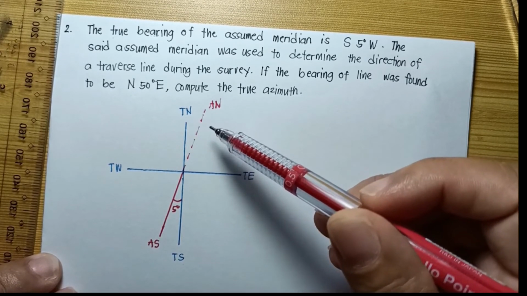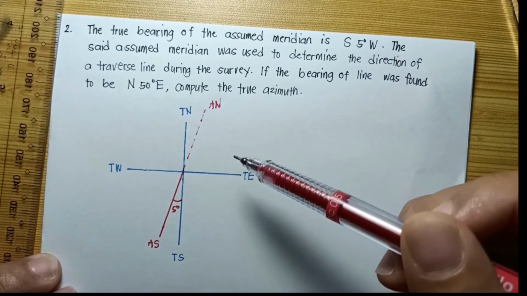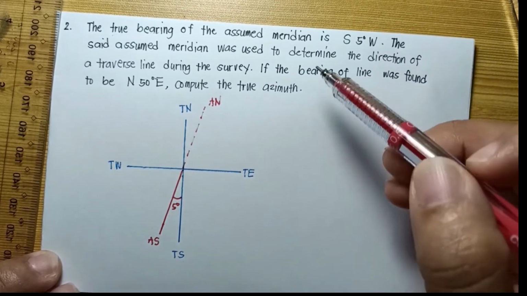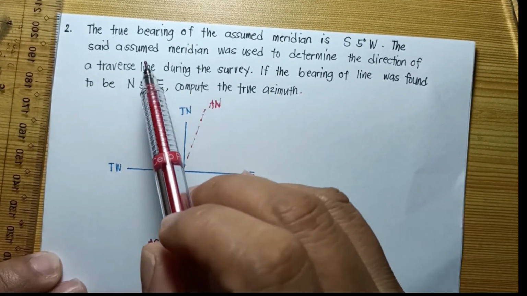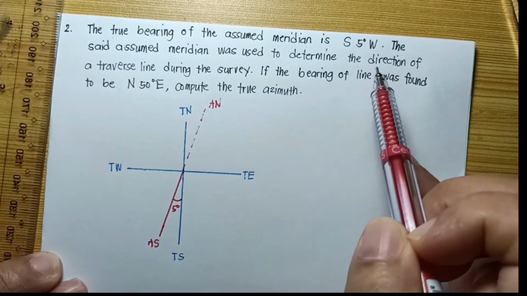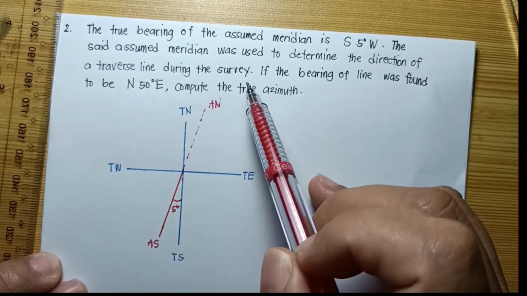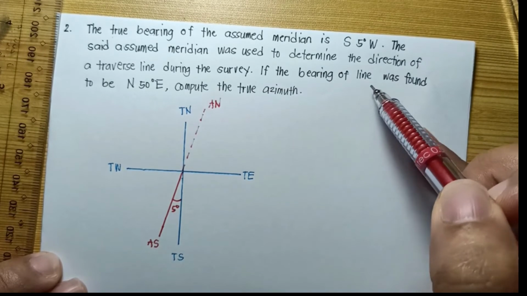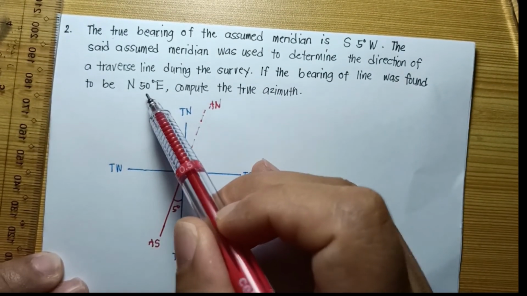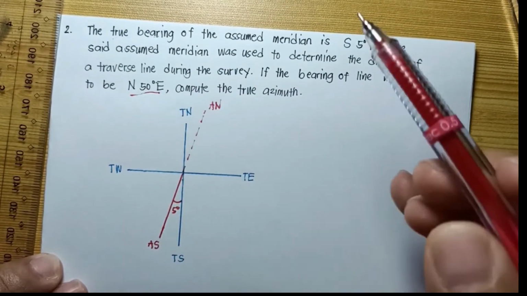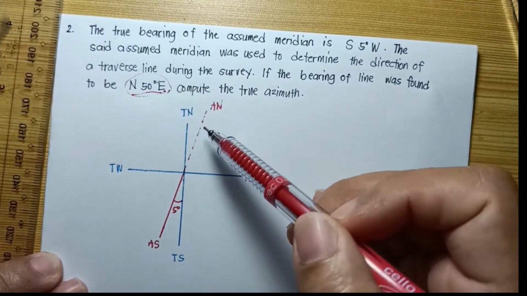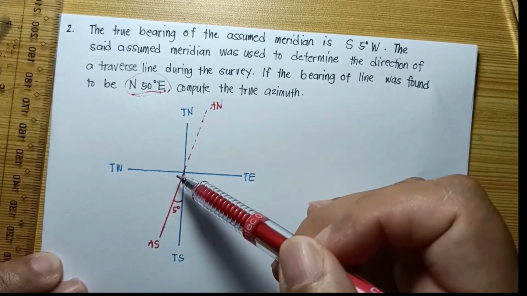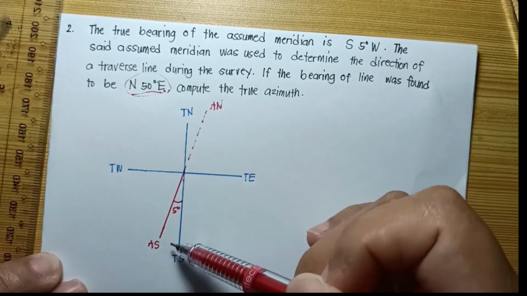So the next step is you have to plot the line. The problem states that the assumed meridian was used to determine the direction of a traverse line during the survey, and the bearing of the line was found to be north 50 degrees east. Meaning this is the bearing reckoned from the assumed meridian, not from the true meridian.